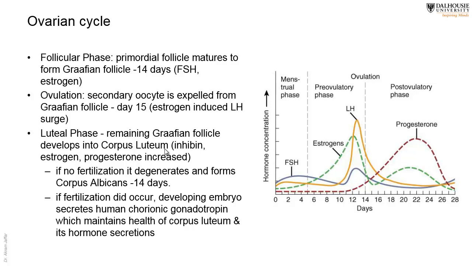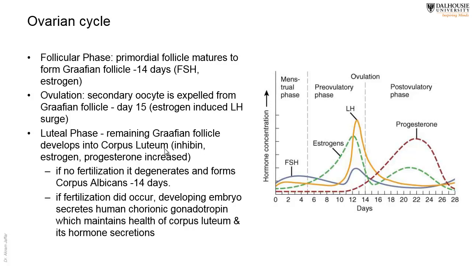And it is at that time, when the highest level of luteinizing hormone is released from the pituitary under the effect of the high level of estrogen from the ovary, that ovulation of the Graafian follicle will take place. The secondary oocyte is expelled from the Graafian follicle, and then we have the luteal phase.